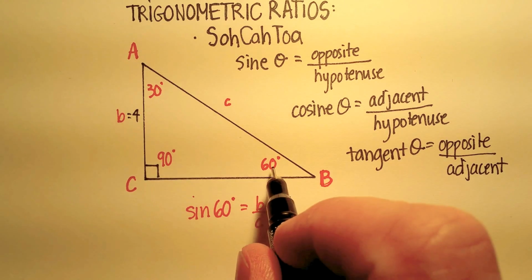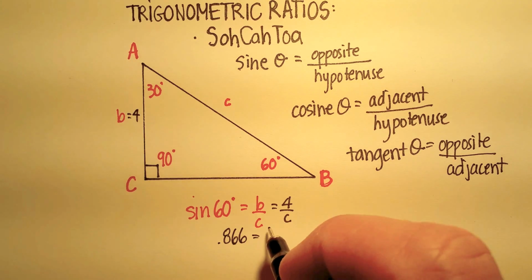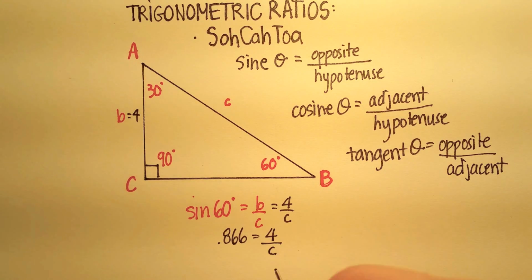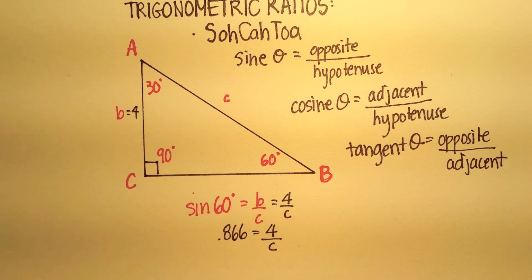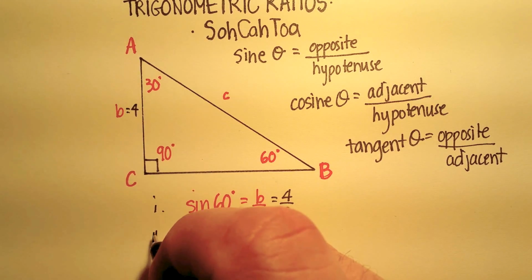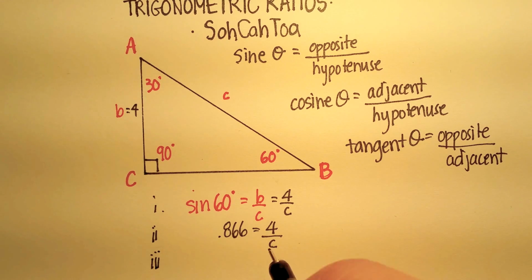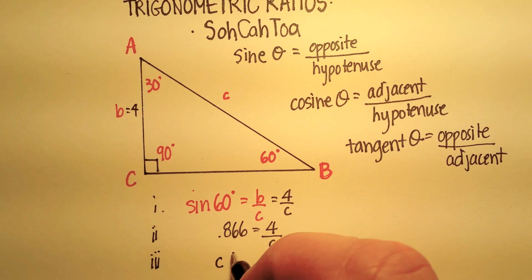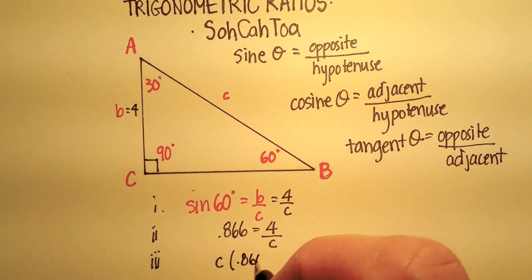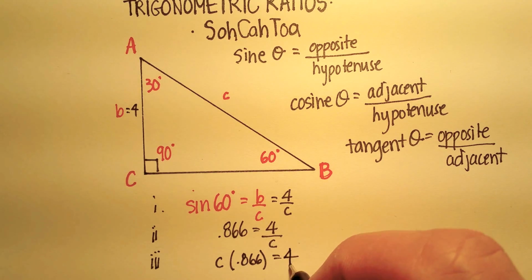So now we know that the sine of 60 degrees is 0.866, and that's equal to 4 divided by c. Now you just use your algebra, and let's solve for c. That'll be my step 1, my step 2. My step 3 is we'll just multiply both sides by c, and you get c times 0.866. If you multiply that by c, those cancel out, and you get 4. Let's divide now by 0.866.